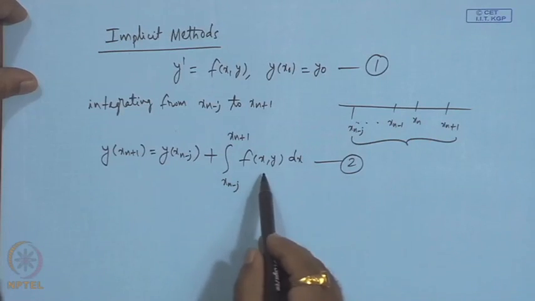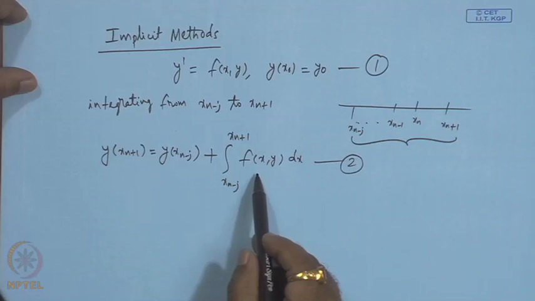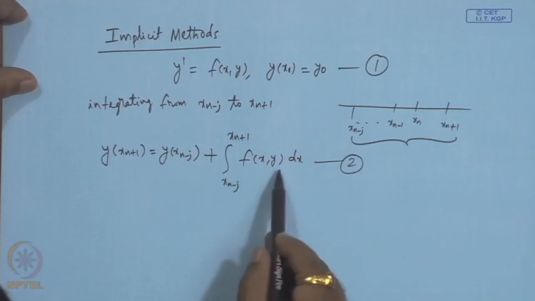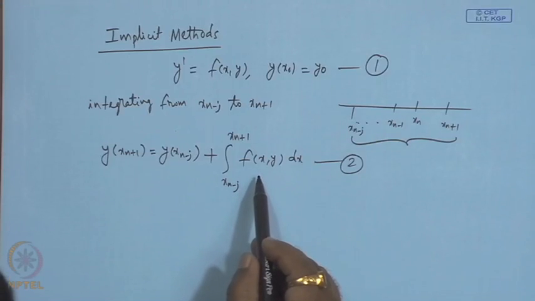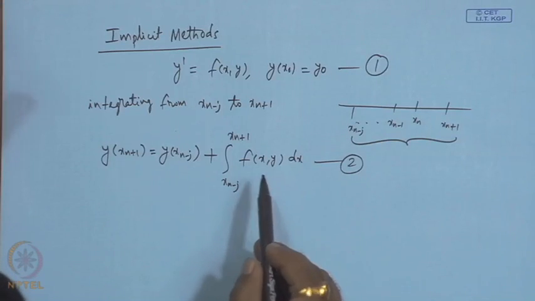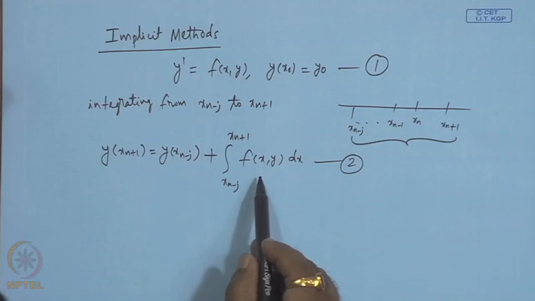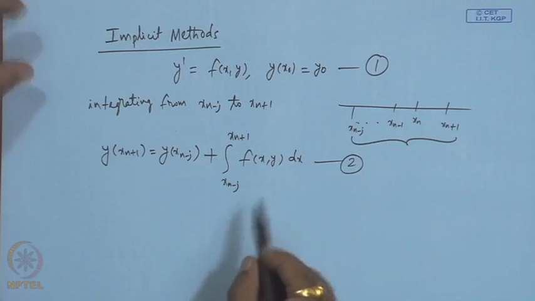Further, how are we going to approximate this f? If you recall, in the explicit method we have interpolated this using k past points. So, now that we are calling implicit, that means in the interpolation we need to consider the n plus 1th point as well.